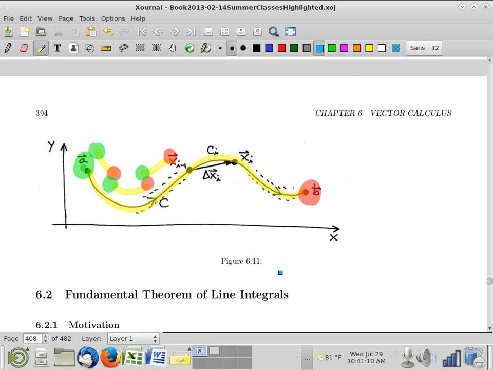I'm pointing out that is the same as the amount of altitude gained on the first piece of the road plus the amount of altitude gained on the second piece of the road plus the amount of altitude gained on the third piece of the road. This is highly plausible if you really think about it. Does that make sense? So change accumulates. Here we're seeing change accumulating over a curve as opposed to over an interval on the x-axis.